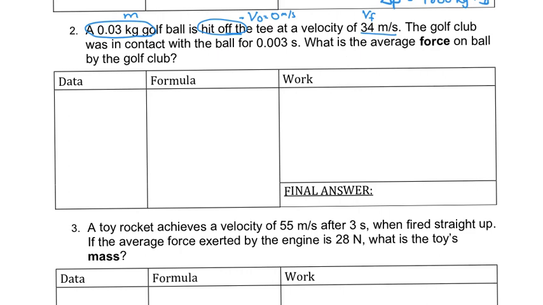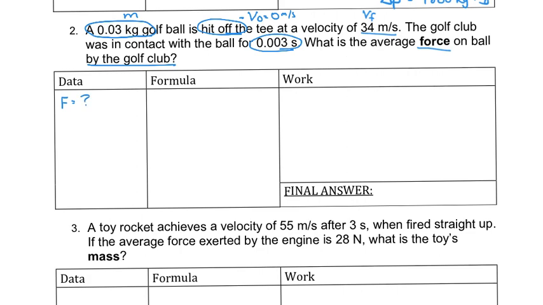So you can use that to find the change in velocity, or you can just know that the change in velocity is 34 meters per second, since it started at 0. The golf club was in contact with the ball for 0.003 seconds, and we want to know what the average force on the ball by the club was.